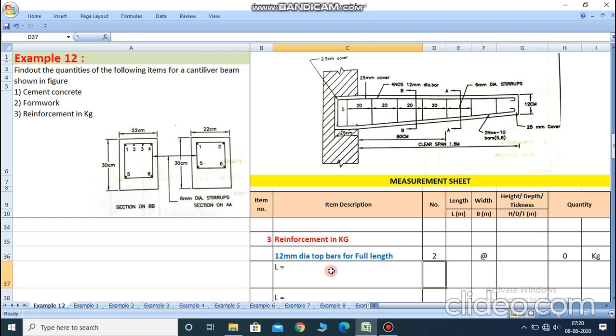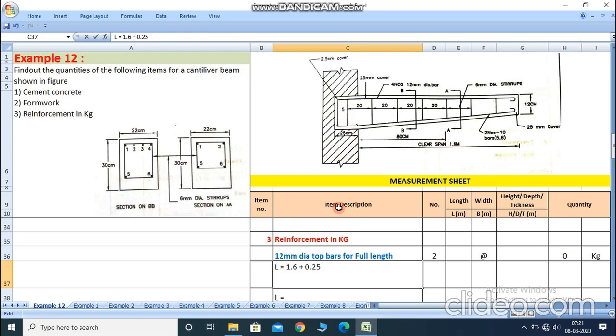Then first we find the total length of the bar. The total length is from the end point to wall up to wall. So the total length of the clear span is 1.6, plus, here on the support side 25 centimeters of support is fixed in the wall, so we write 0.25.